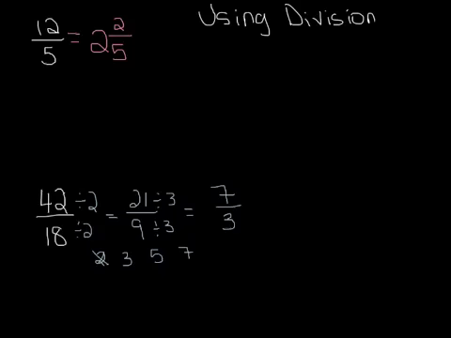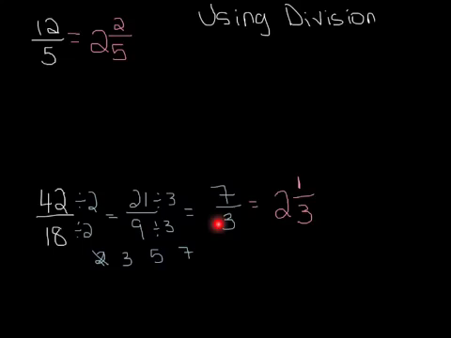Now that we have this in smaller terms, we have easier numbers to work with. So now we're going to use the division and look at, well, how many groups of 3 fit into 7? So 3, 6, so that'll be 2 full groups. That brings us to 6. We would have a remainder of 1, and our bottom number doesn't change.